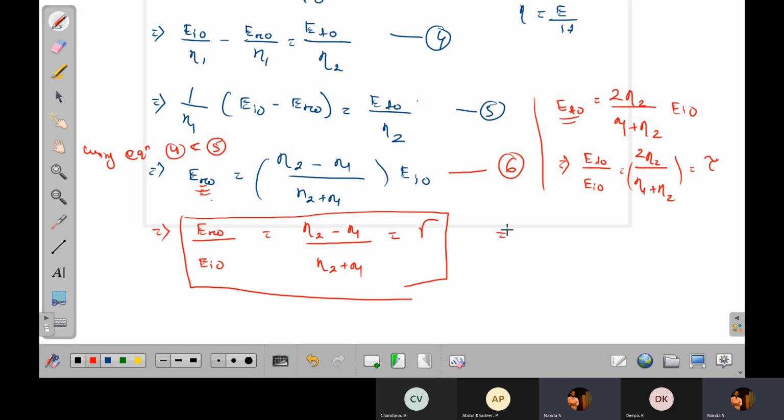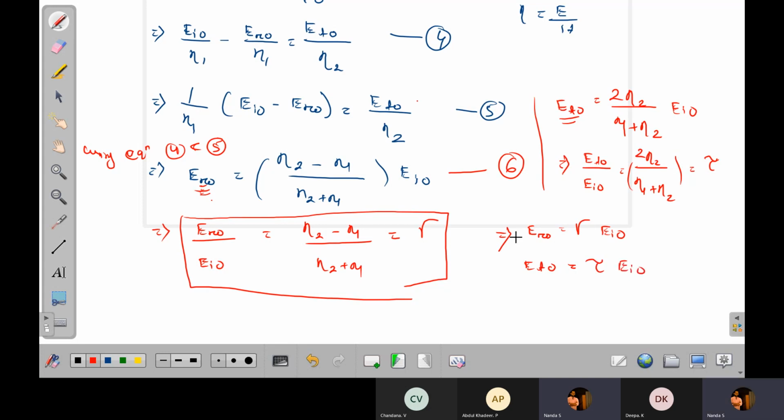So finally I can write two equations. One is ER0 equals to, and your tau into this ET0 equals to, okay.